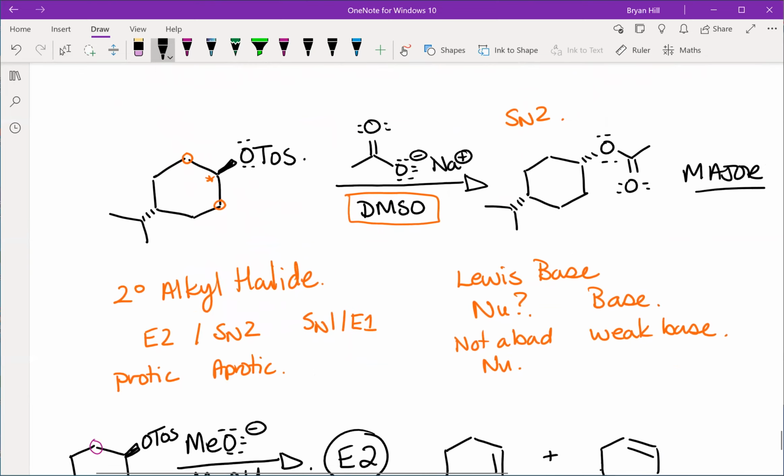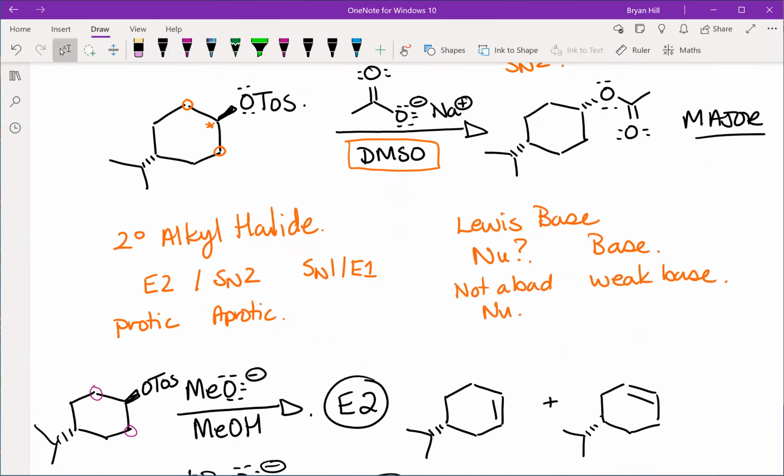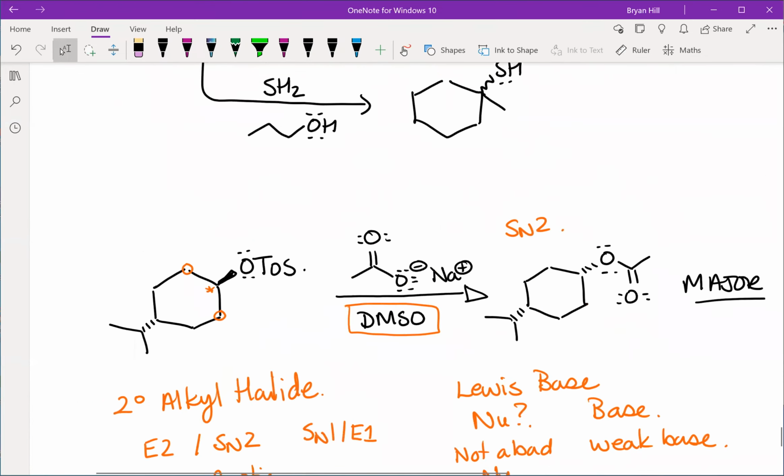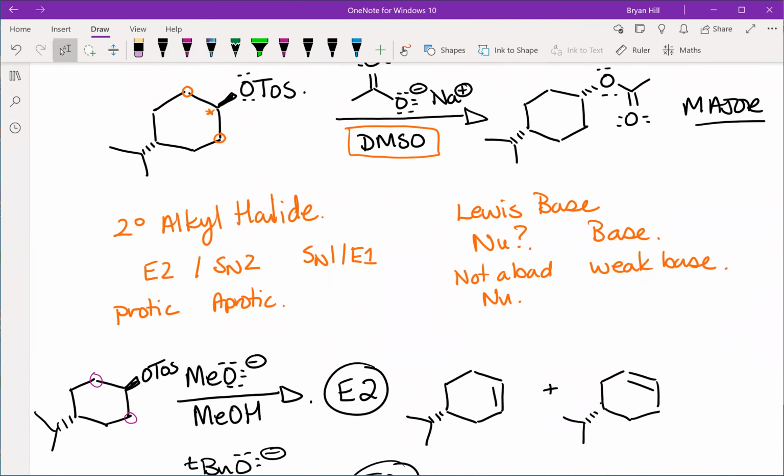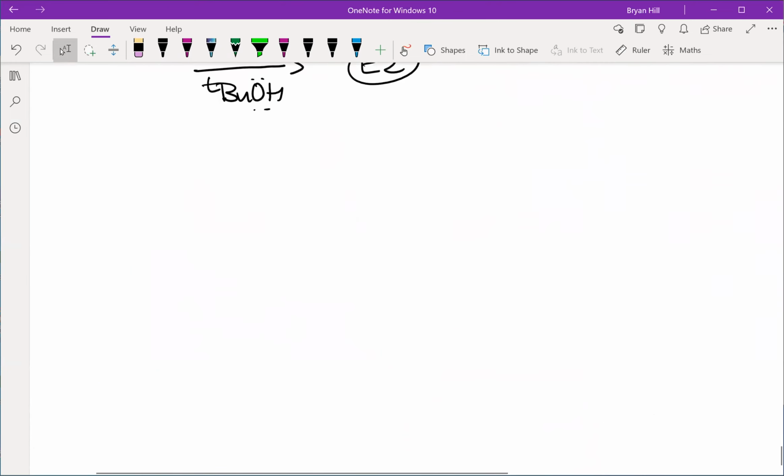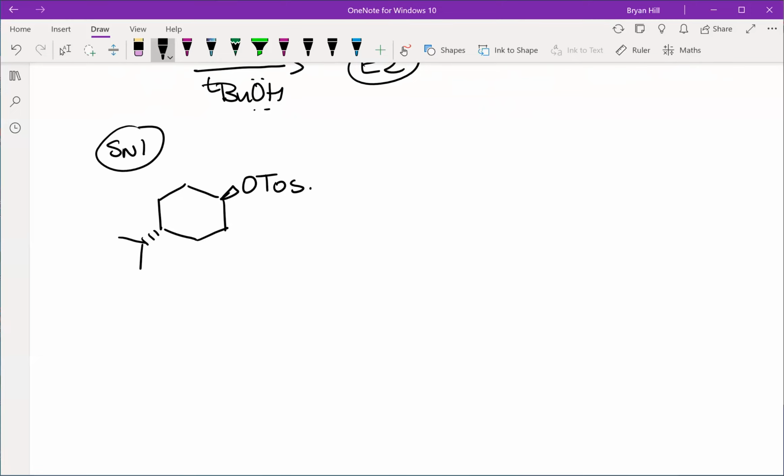And if we wanted to do an SN1 reaction here, what would we change? We would use an exceedingly weak nucleophile. Let's just say water is our nucleophile, H2O.